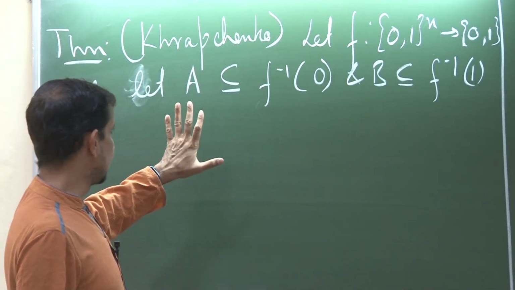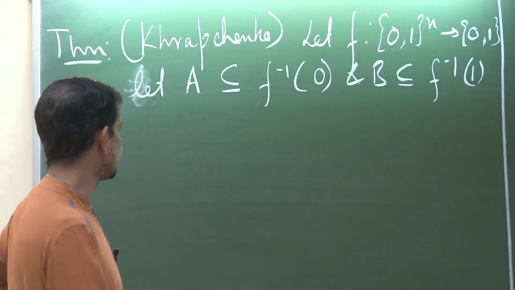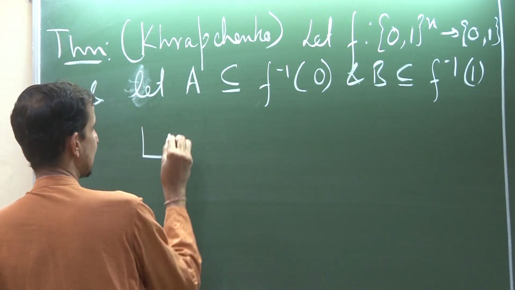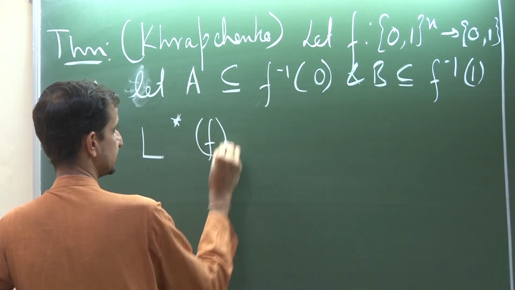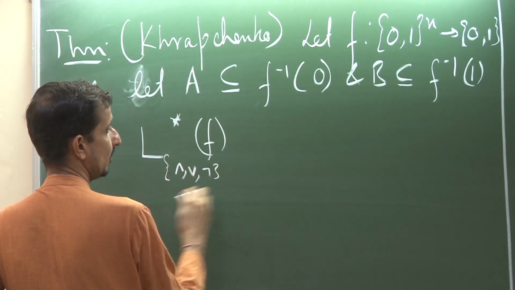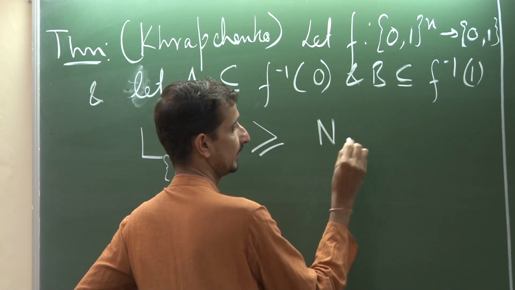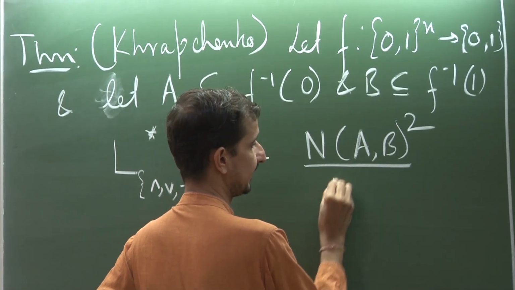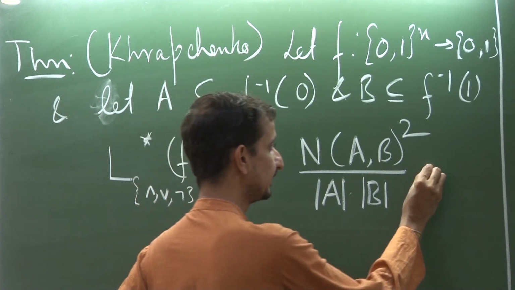So, basically A is some set of inputs which map to 0 and B is some set of inputs which map to 1. Then what we have is that the size of the star size of the function f over the basis AND, OR and NOT is at least N(A,B) whole square divided by the cardinality of A times the cardinality of B. This is what we stated last time.